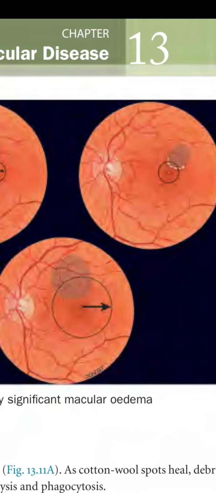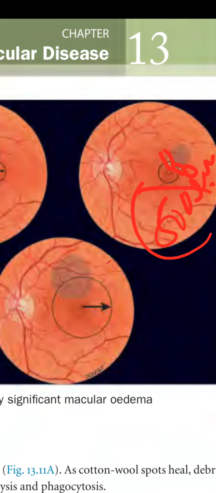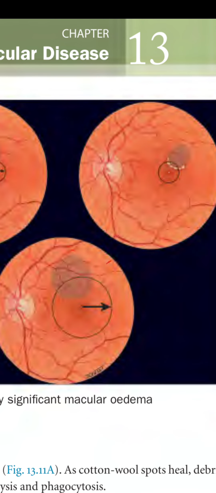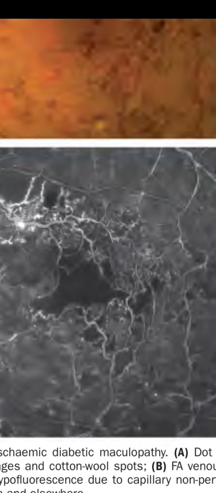Second is that if there is retinal thickening with exudates, and any part of the exudates lies within a 500 micrometer of the center of the fovea, it is known as clinically significant macular edema. And if there is a macular edema which is greater than 1 disc diameter, and any part of which is within a 1 disc diameter of the center of the macula, it is known as clinically significant macular edema.